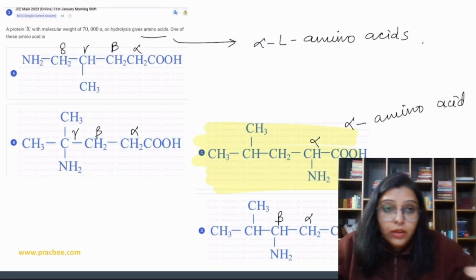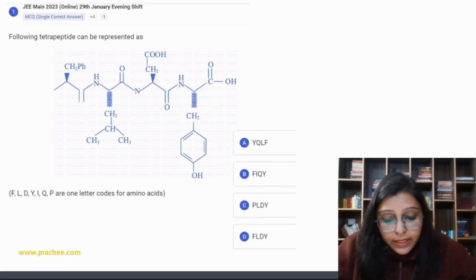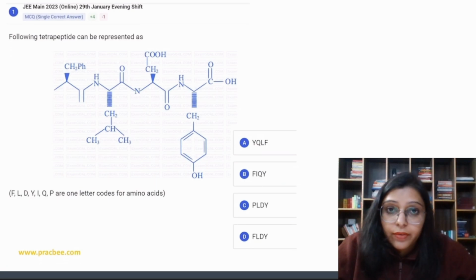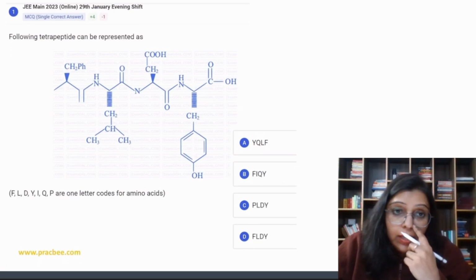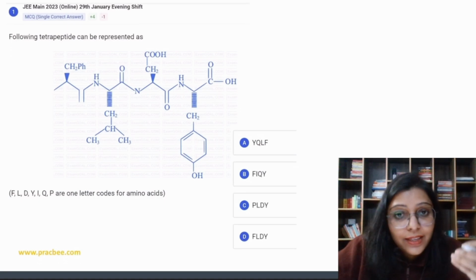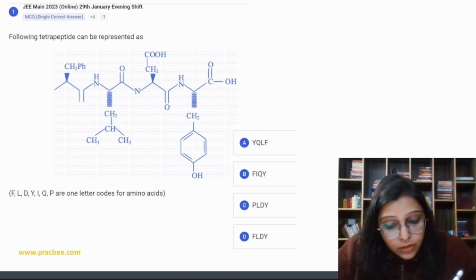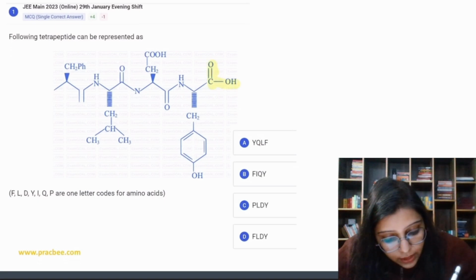Okay. Now, next question. Following tetrapeptides can be represented as... Again, you need to know the structure of amino acids, and with respect to that, you should know the letter code. Okay. So see, this is COOH group and this is NH. This is again COOH group and this is NH.